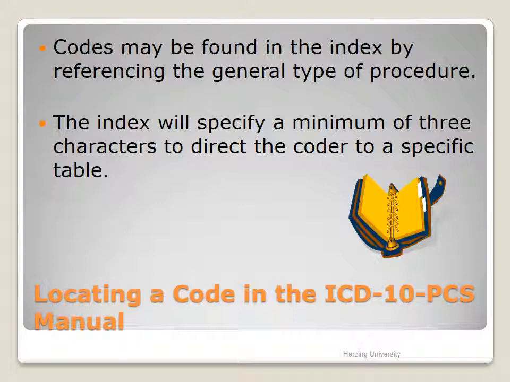How does a coder locate a code in the ICD-10 PCS manual? In order to locate a code, the coder needs to understand the overall format of the book. The manual is divided into the introduction, the index, tables, and appendices. It is important for the coder to first read the introduction.